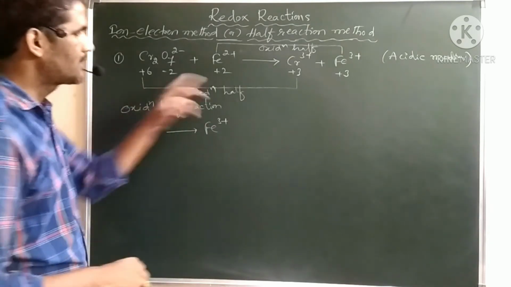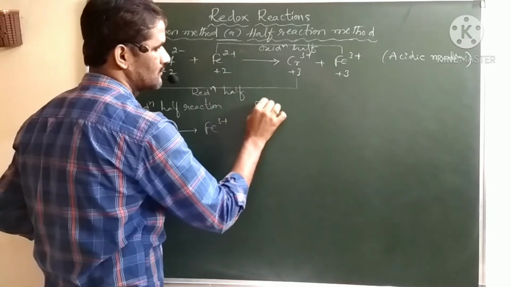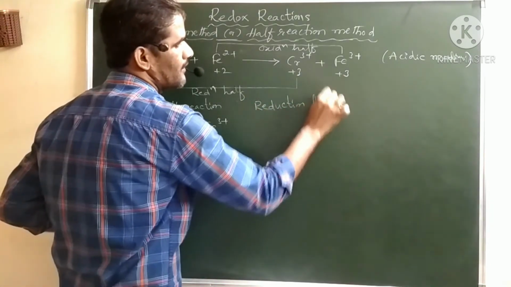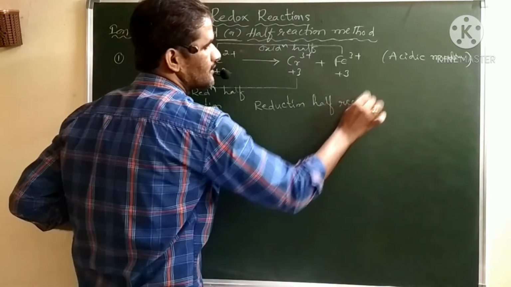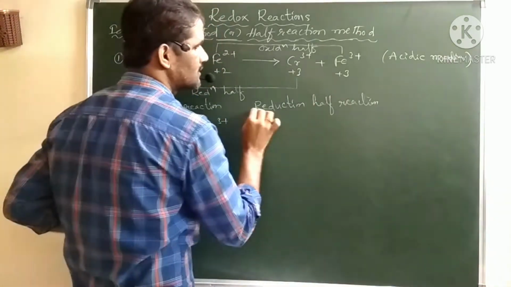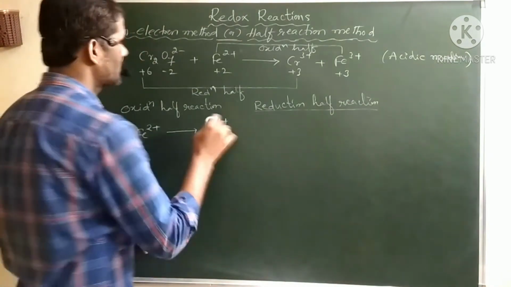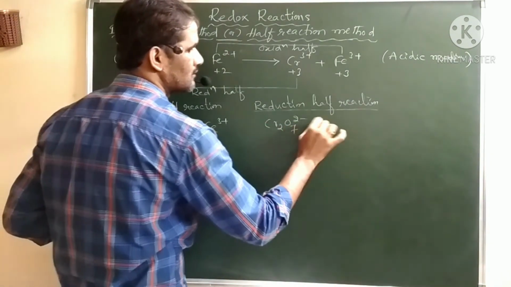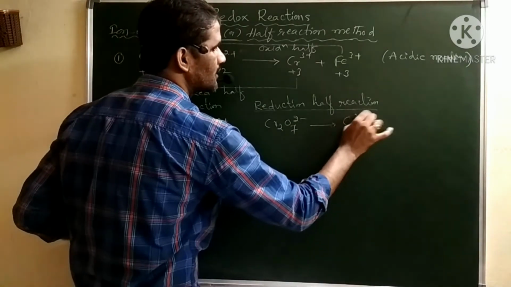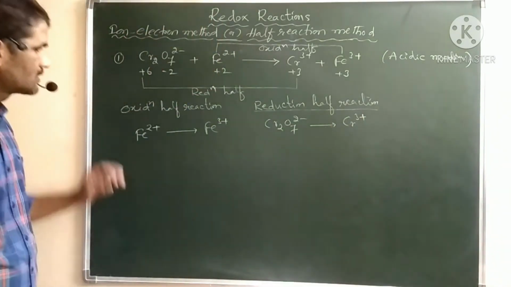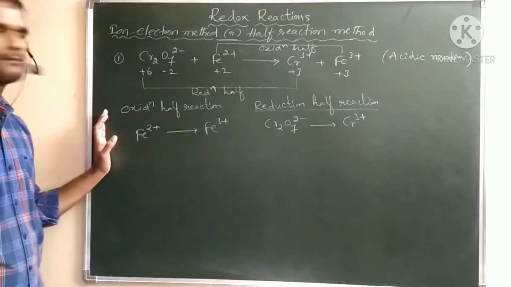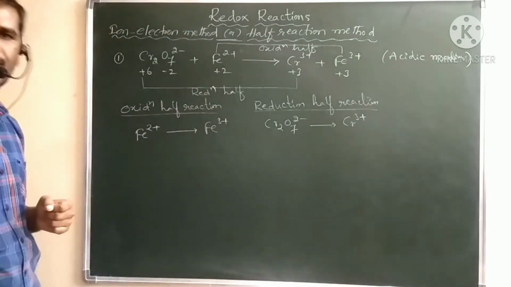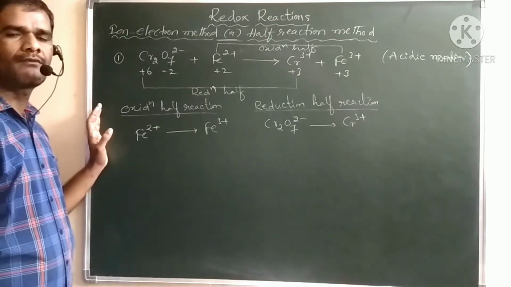And the reduction reaction, what is it here? Dichromate is giving chromium 3+. So now this is the first step. We separated both the reactions: what is the oxidation reaction and what is the reduction reaction. So after separating, what do we have to do?